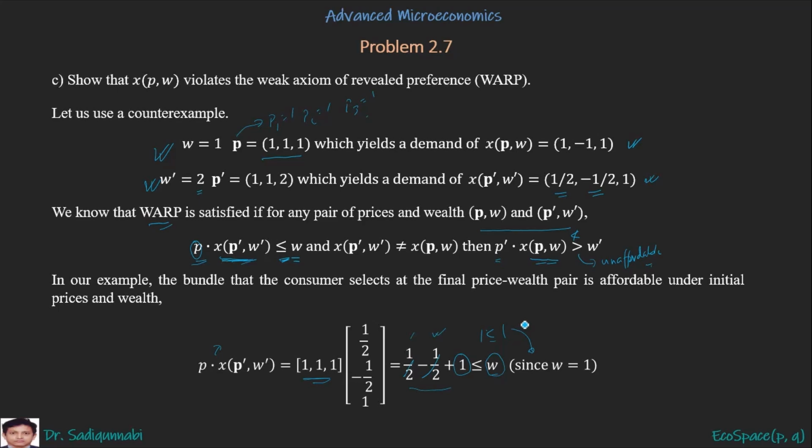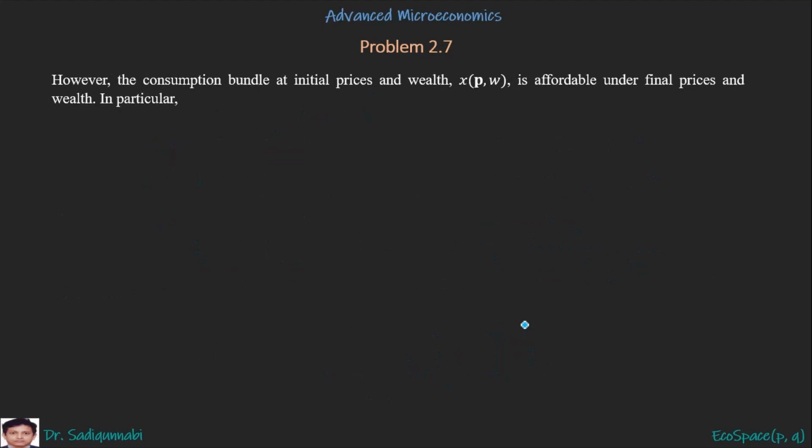Now we see the second part of the definition. If this is that, then we say that WARP is not valid. That means WARP is violated. So if we see that our p prime is 1, 1, 2, as we have seen in the last slide, and x(p,w) is 1, minus 1, 1.